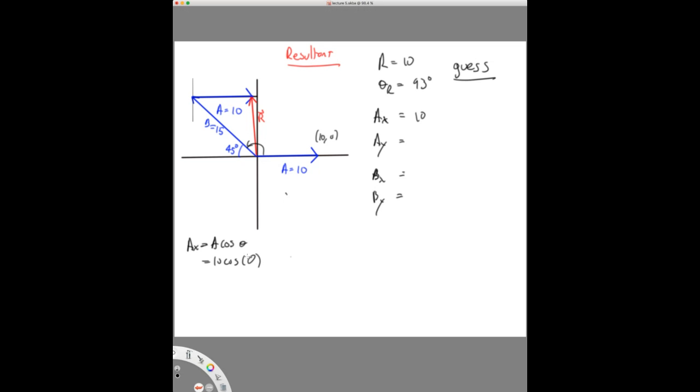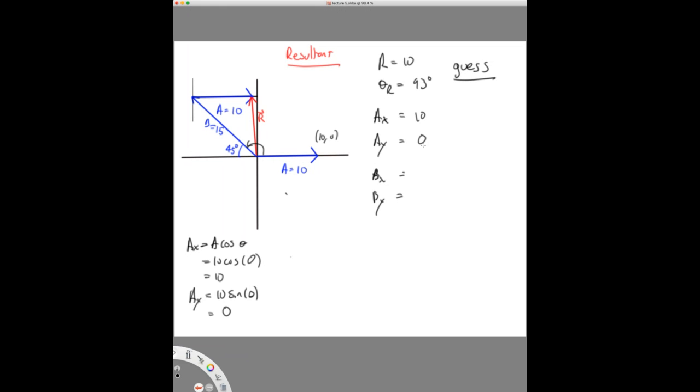So just 0. And if you put in 10 times the cosine of 0 in your calculator, you get 10. And to get the y component, 10 times the sine of 0, you get 0. So the formulas work even if it's not jumping out at you. But after you've practiced a little, you're going to see that if a vector lines up with the x-axis, it has no y component at all.